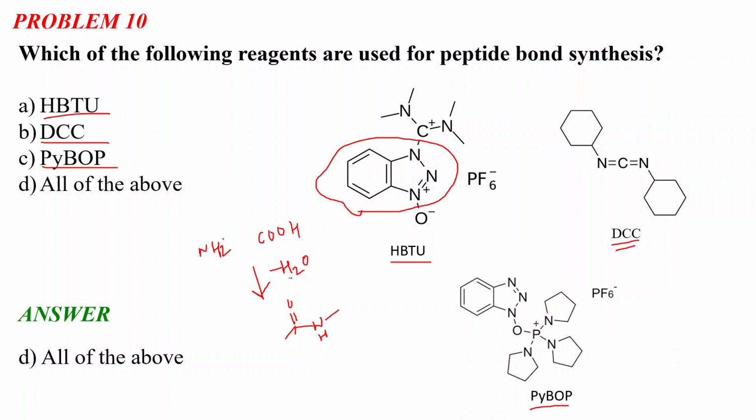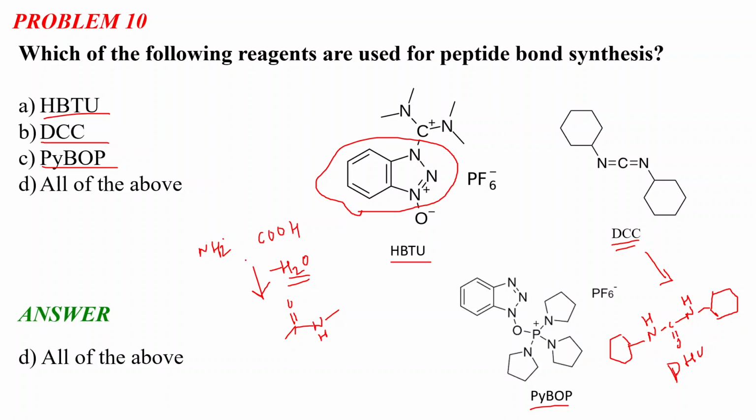This water is taken up by DCC, and after that we have something called DHU, which has a structure like this. The name of this intermediate is DHU, dicyclohexyl urea, and it is the byproduct of peptide bond formation.